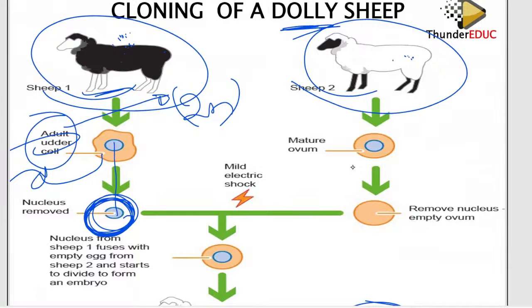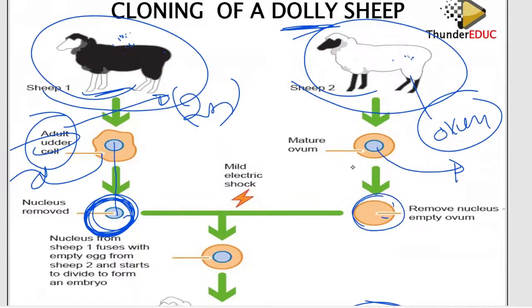Here, I will get an ovum. From this ovum, I will remove the nucleus and throw it away, but I will keep the shell.